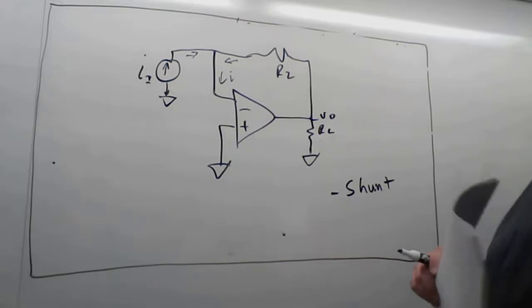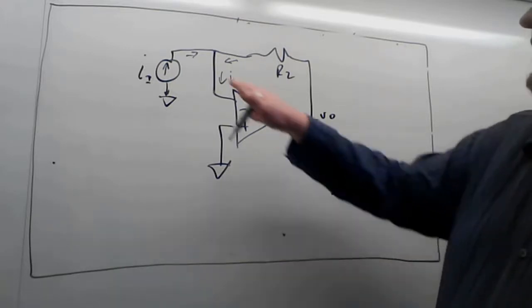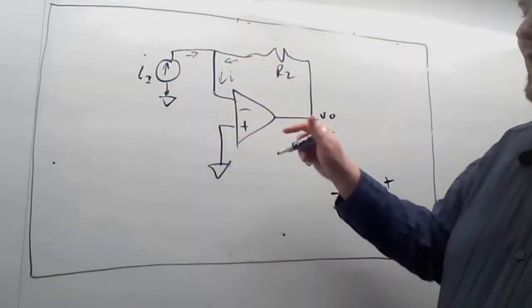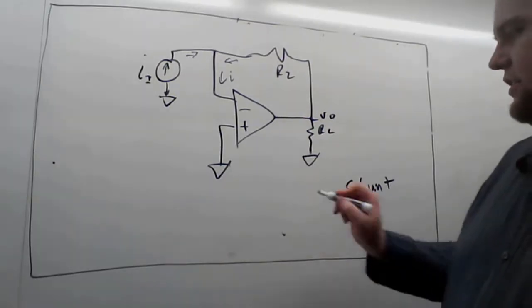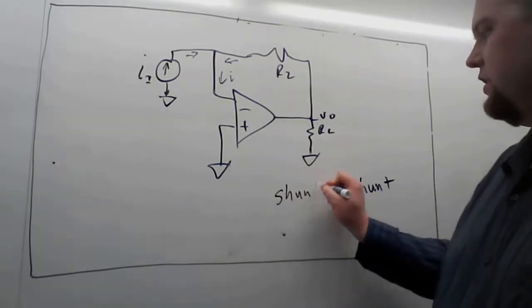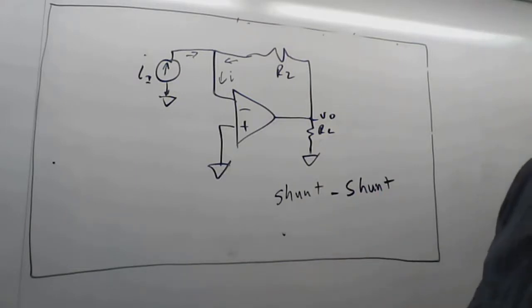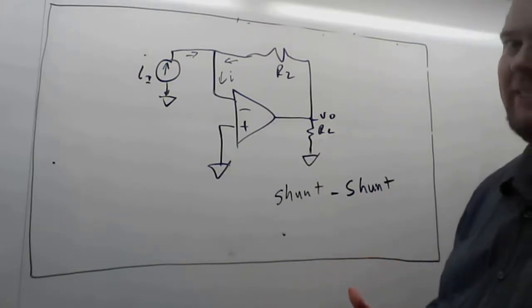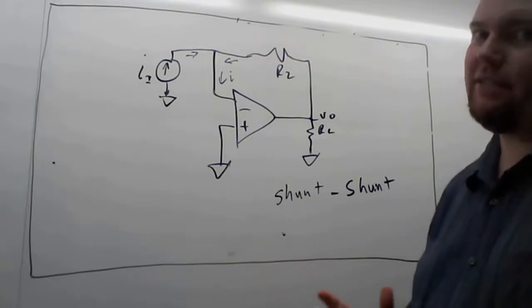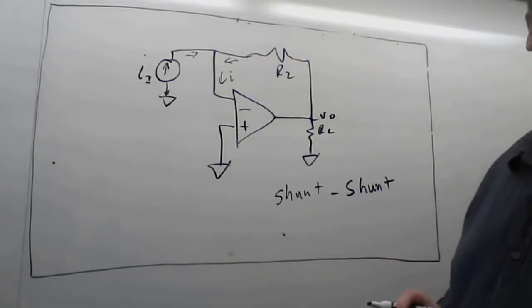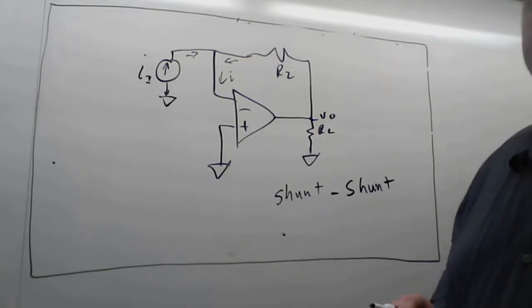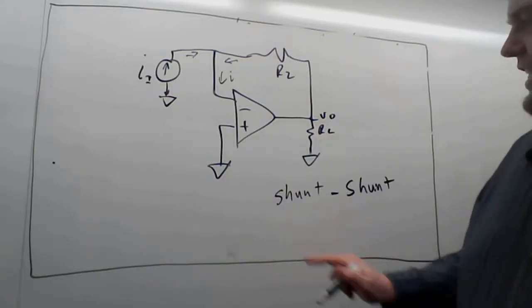But basically, the idea here is that these two currents are combining to flow into the op amp in shunt. So this is shunt. So they're combining in parallel. It's confusing. It's very confusing. So this is a shunt-shunt.